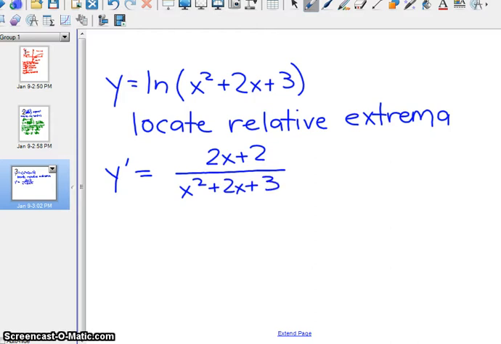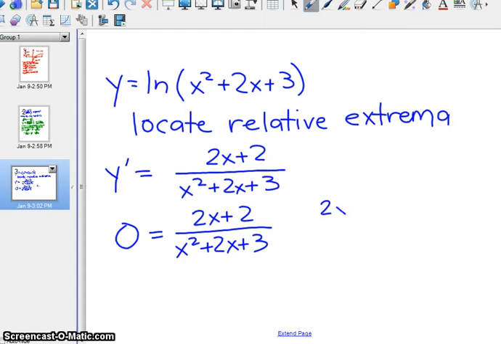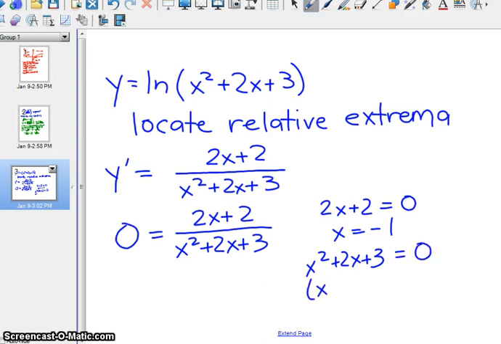That's my derivative. I set that equal to 0. The numerator is equal to 0 at x equals -1. My denominator, which will make the derivative undefined but is still a critical point, is x squared plus 2x plus 3. Oh, that doesn't factor, so it's never equal to 0.